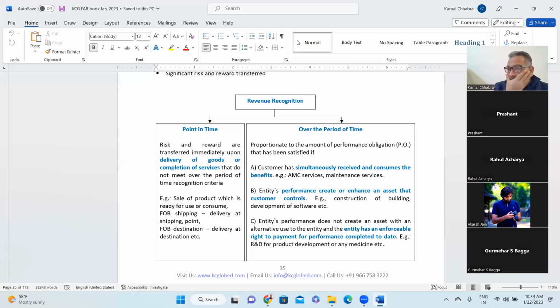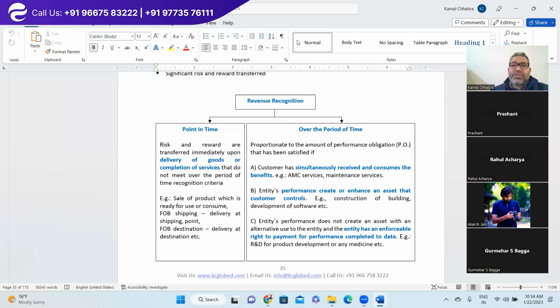For example, if you are developing software for a customer, that software will be an asset for the customer, and when you are incurring time in building that software, you are building an asset for the customer, right? And it generally takes a longer time. Same is the case with construction of a building. If you are constructing a residential complex or a commercial building, it generally takes a longer period of time, and the benefit to the customer is that their assets are being built, right?